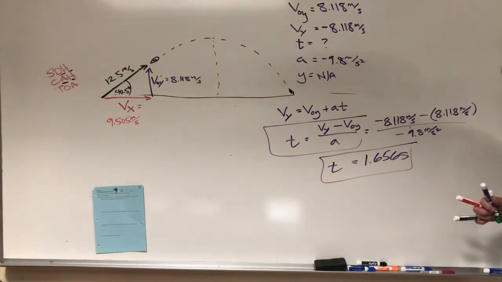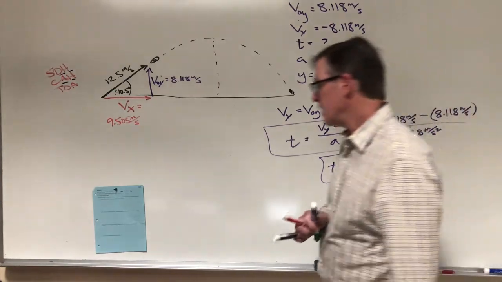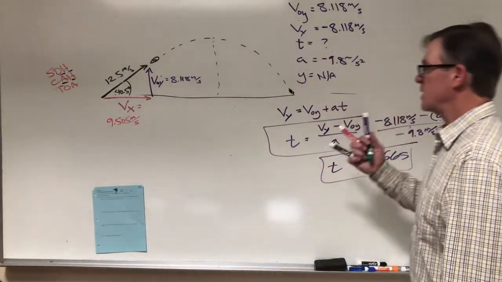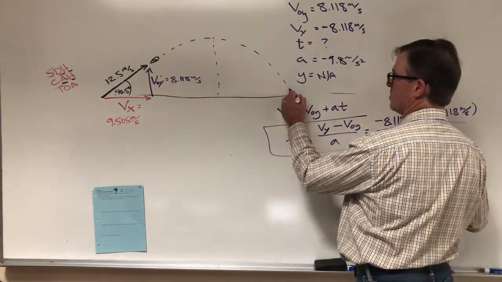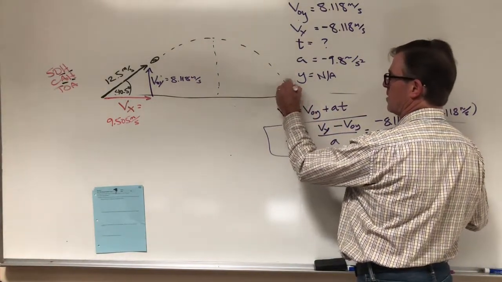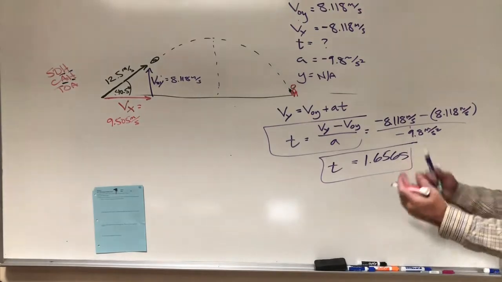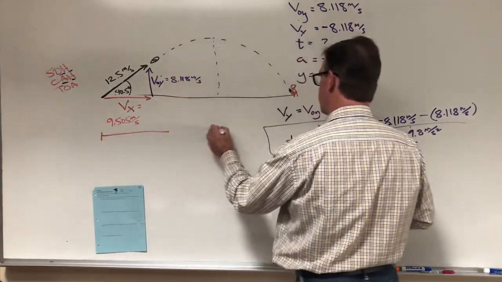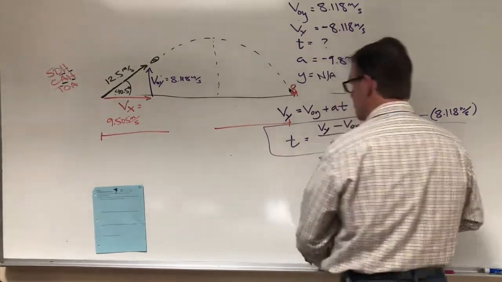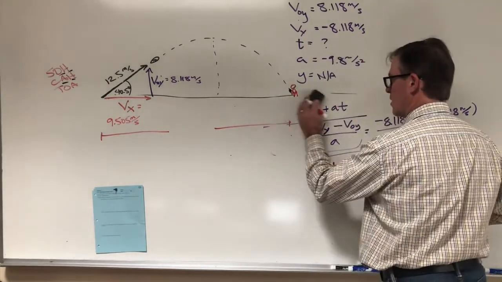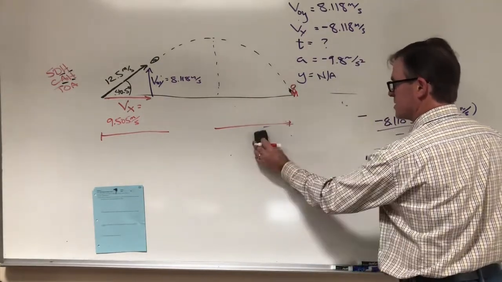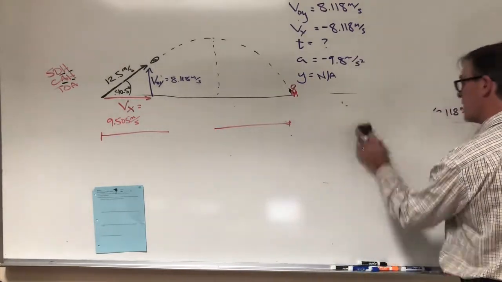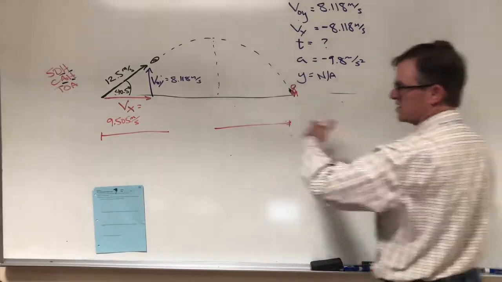The third question we're asked is how far away is the receiver when she or he catches the ball? So if someone's going to try to catch that ball, how far away are they from the location that we have thrown it from? Well, that is the red brackets that I've put up here. What do we call that kind of displacement? One that is horizontal.